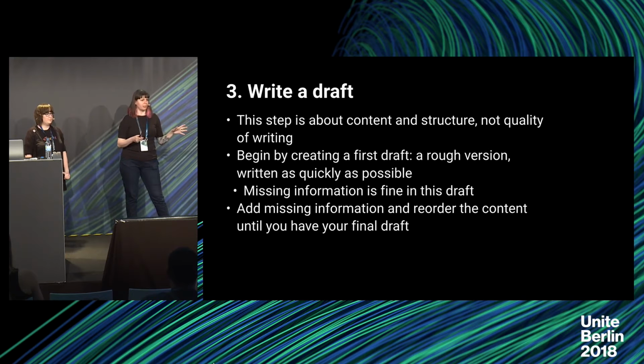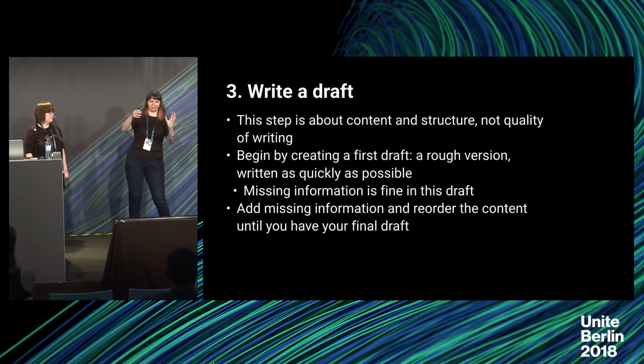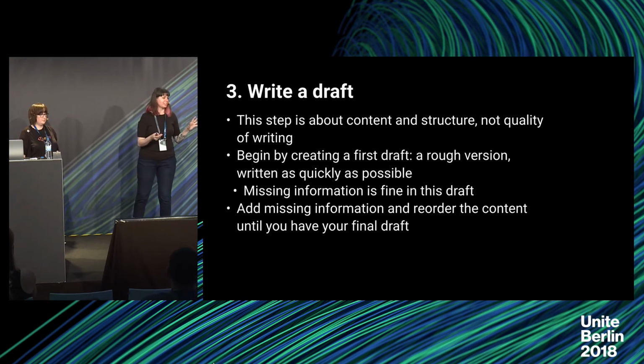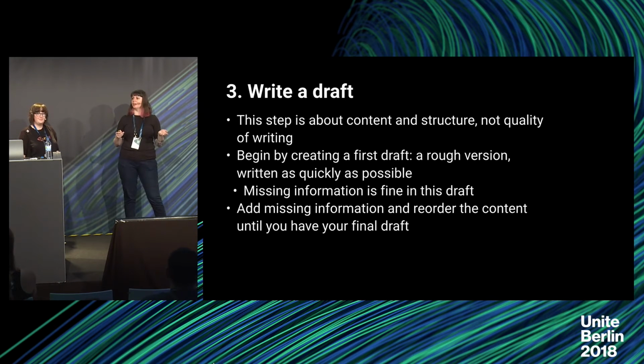So once you've got your first draft, written either badly or just by taking what you were going to send anyway, you then need to rework it until you have what's called a final draft. A final draft is where all of the information is there and it's in the right order, and it still doesn't matter if the writing's horrible. That's still totally fine. So what you do is you take your first draft, you go through, fill in any missing information or any bits that you said you'd get back to, take a break, and then look at the logical flow of the content.